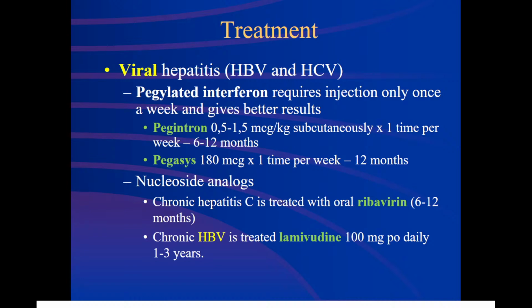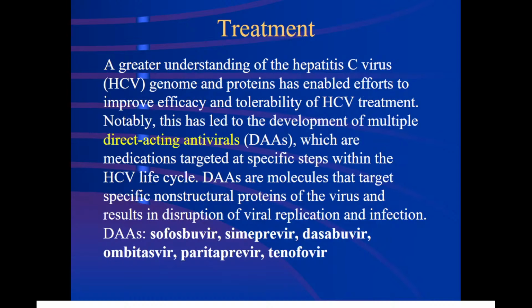For viral hepatitis, there are a few groups of drugs which are commonly used. It is interferon, pegylated interferon, nucleoside analogs, and a newer group of drugs called direct-acting antiviral drugs.